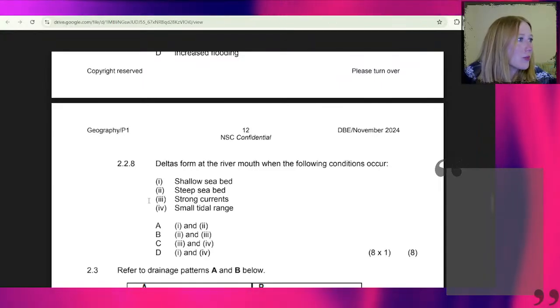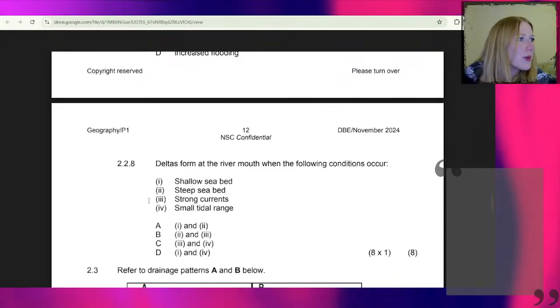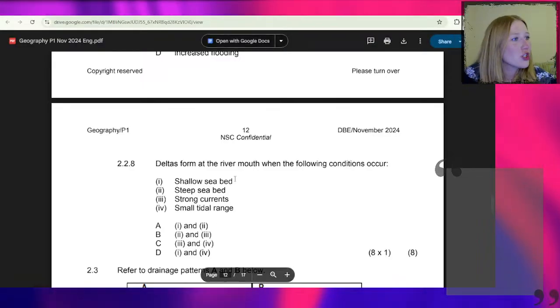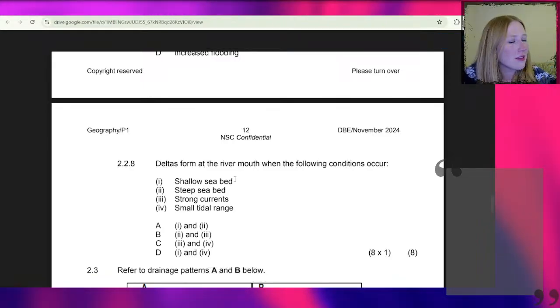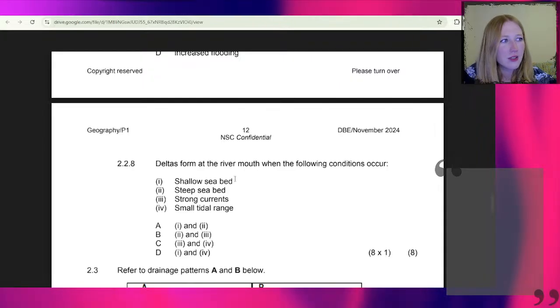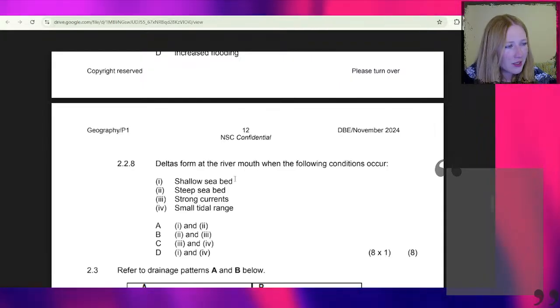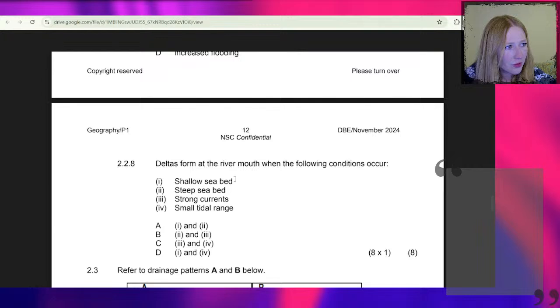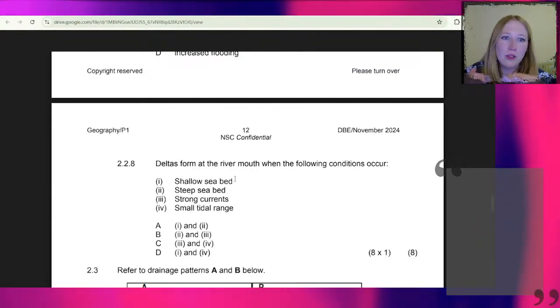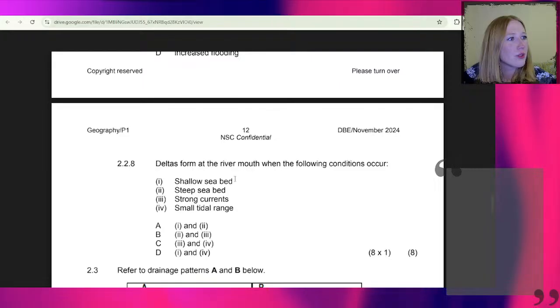Deltas form at the river mouth when the following occurs. Okay, shallow seabed. What? I don't think so. Steep seabed?